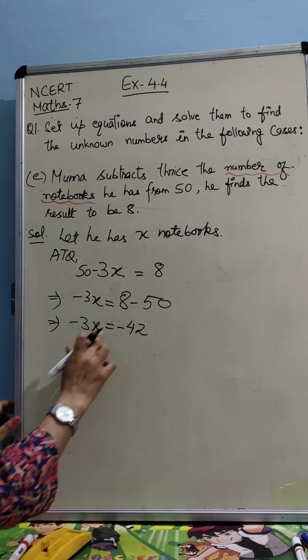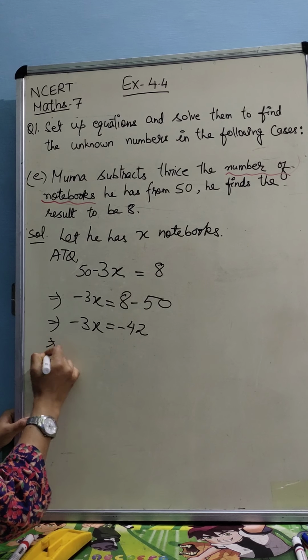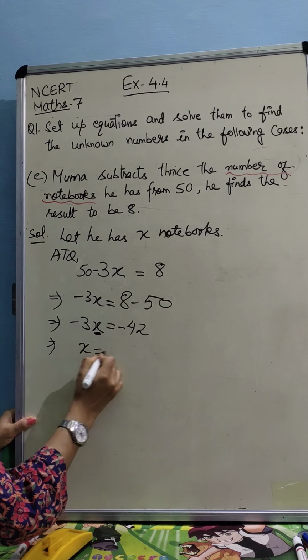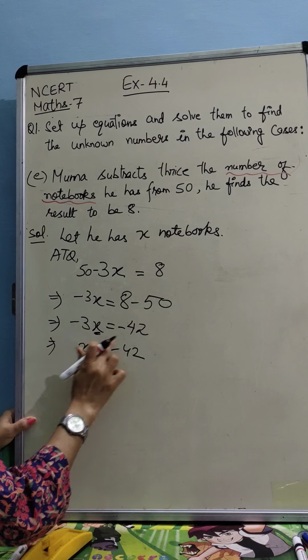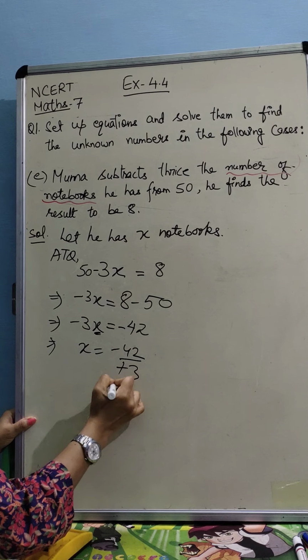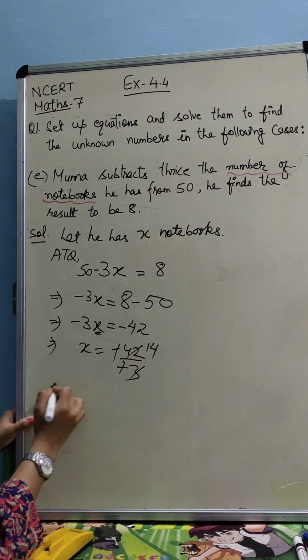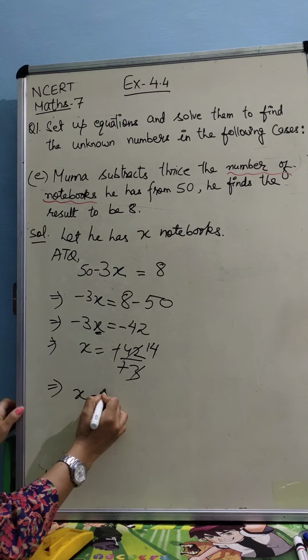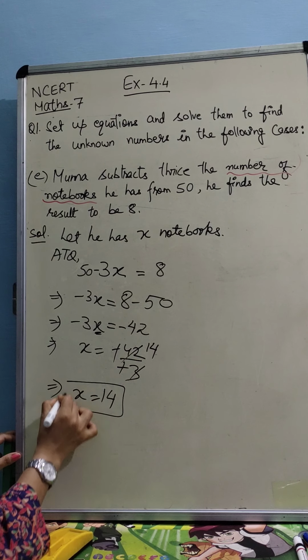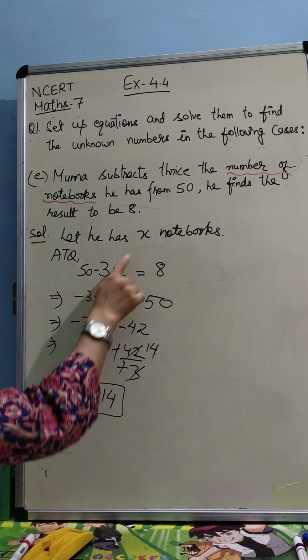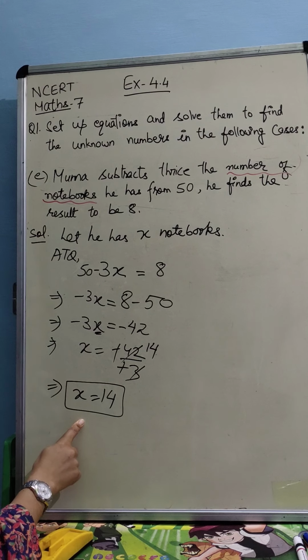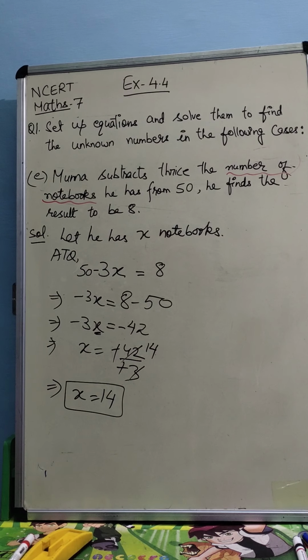Now the negative sign: what we want is x. So this will be in divide. Minus minus cancel. 42 divided by 3: 3 ones are 3, 3 fourteens are 42. So the value of x is 14. So he has how many notebooks? x, 14. Okay, so this is the required solution.